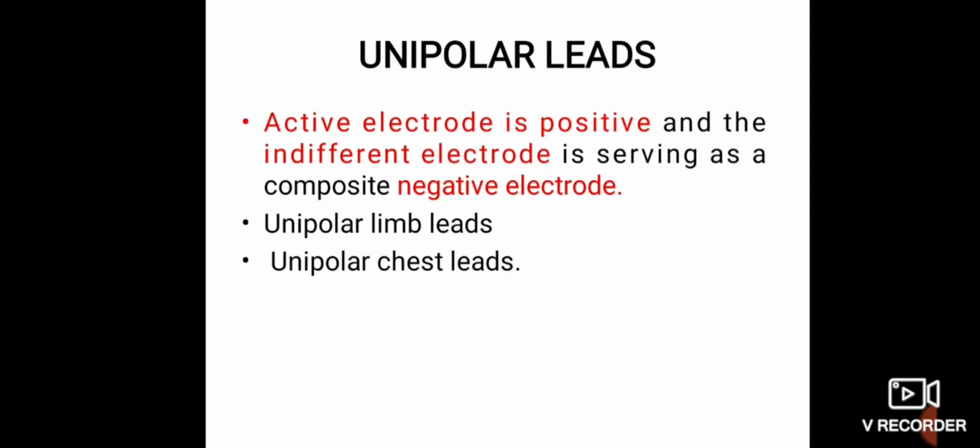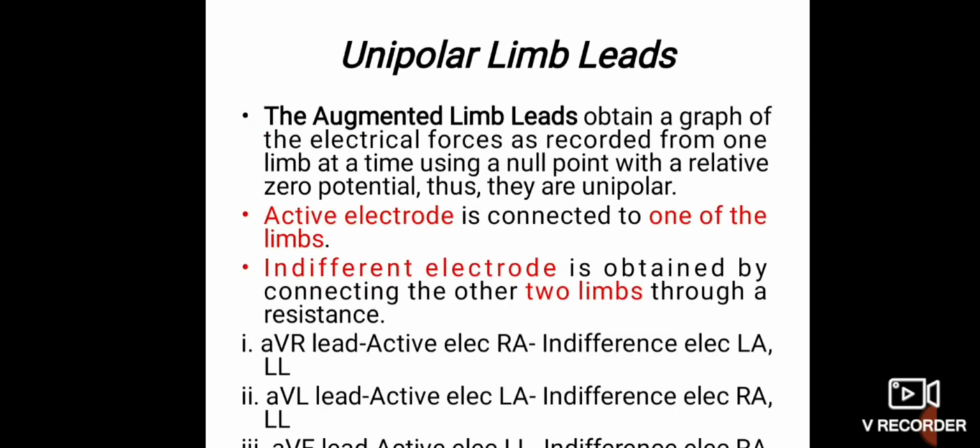In the unipolar limb leads, the leads are arranged as AVR, AVL and AVF, also called augmented limb leads, where only one limb is active at a time. The indifferent electrode is obtained by connecting the other two limbs through resistors.